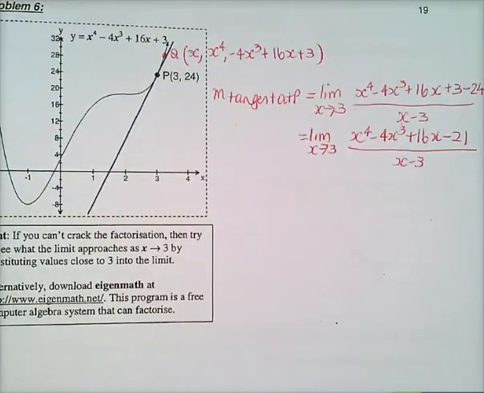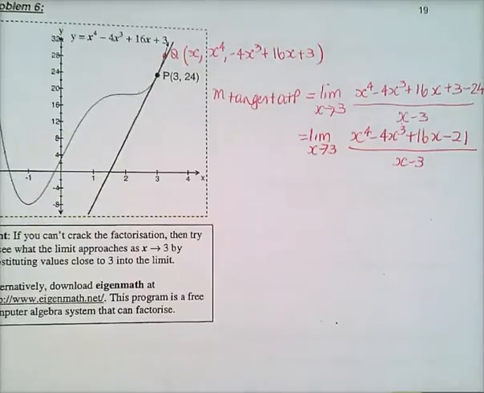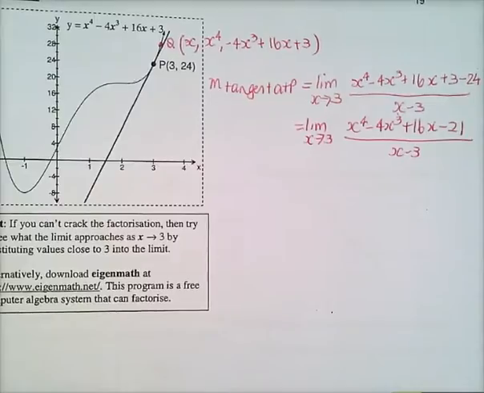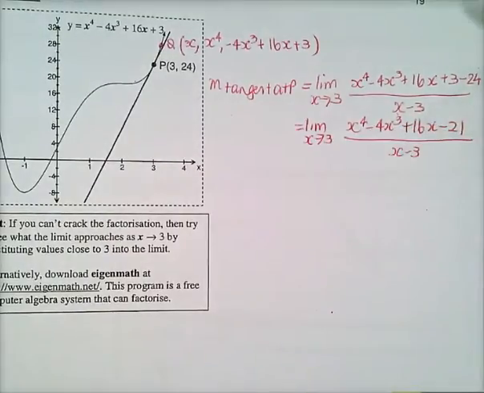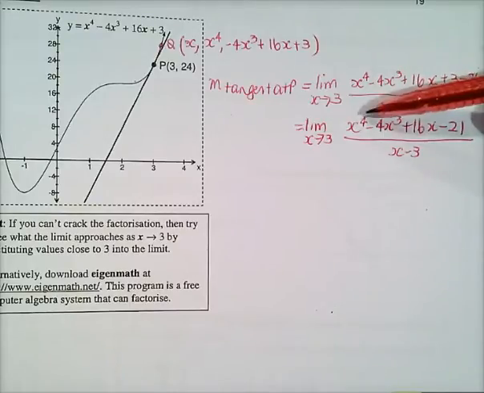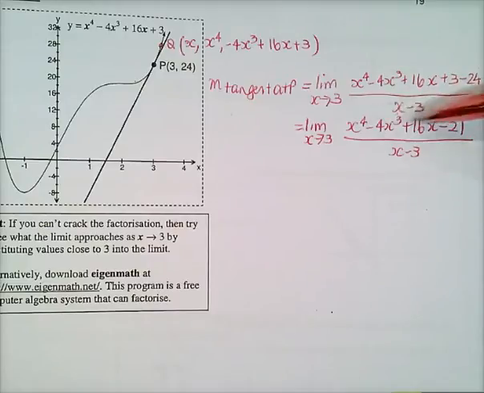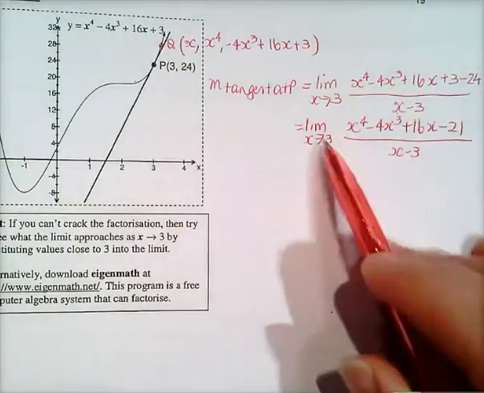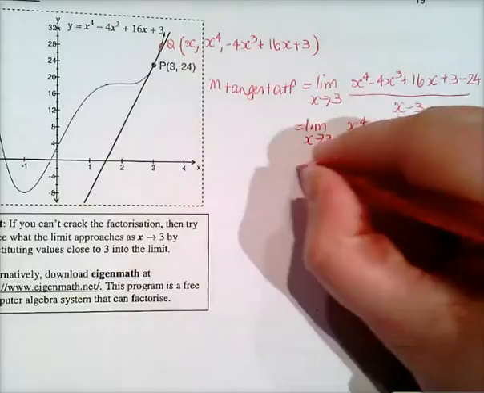Now what I'm going to do instead, we can factorize again so that we're practicing some 3-unit methods, but this is 2-unit content. You wouldn't be required to do that. We could just substitute values of x very close to 3, such as 3.001, and then we would get the answer to this.